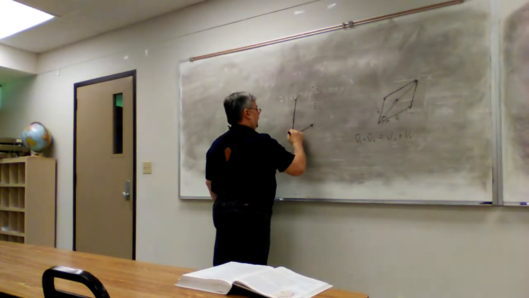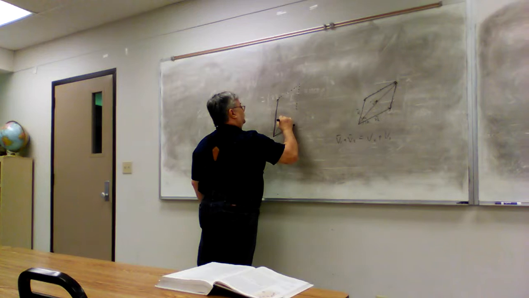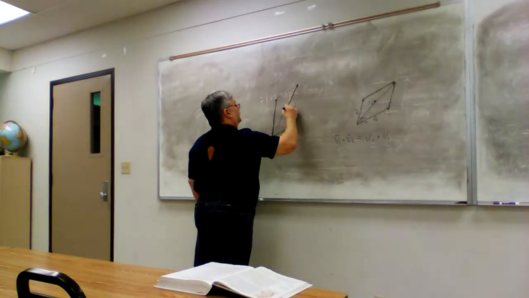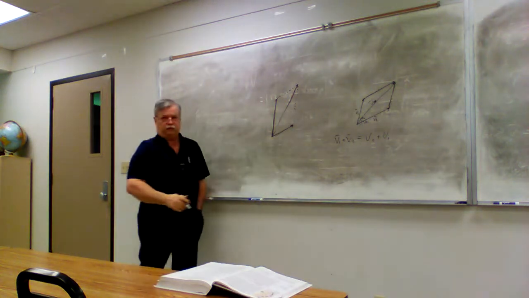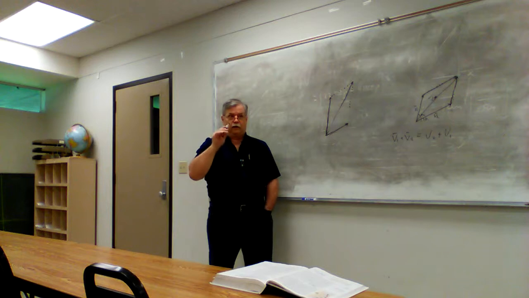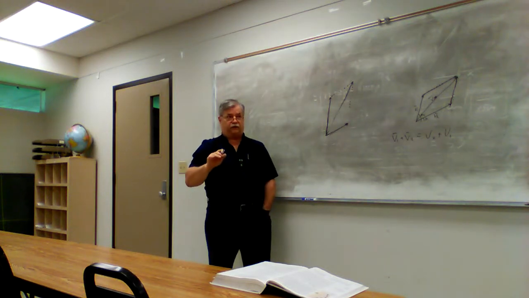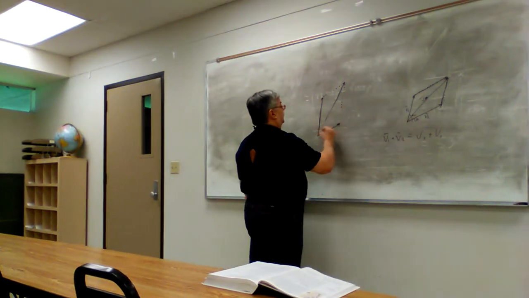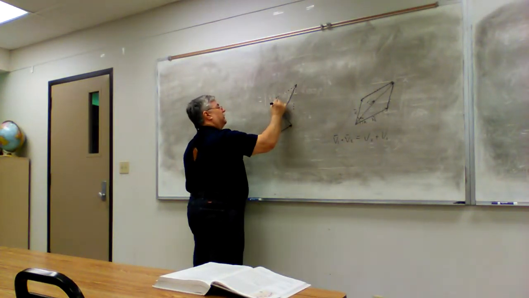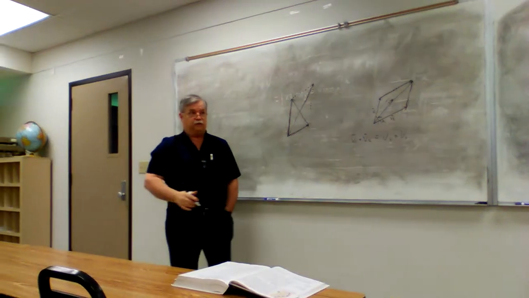You just complete the parallelogram, and then you draw your resultant vector to the opposite corner from the common tails. This is where a couple of people yesterday messed up, because once they did this, they tried to draw the resultant vector from tip to tip. That is wrong.